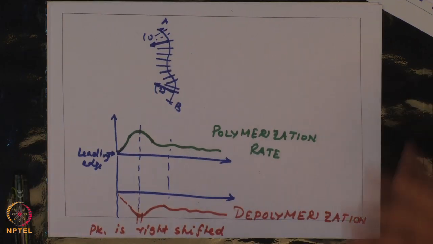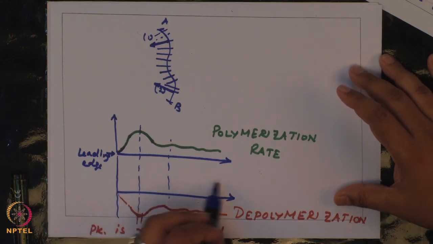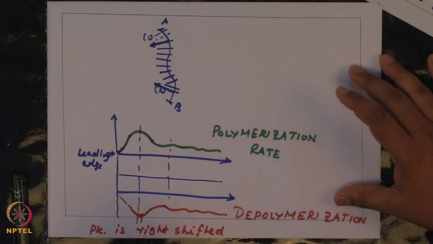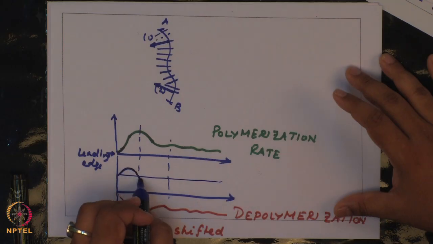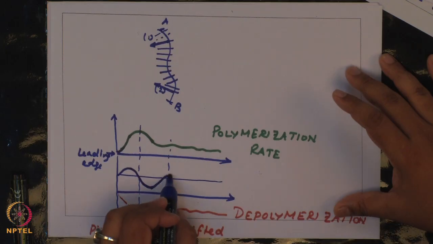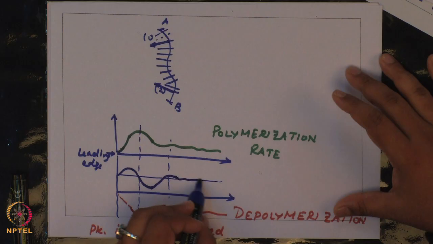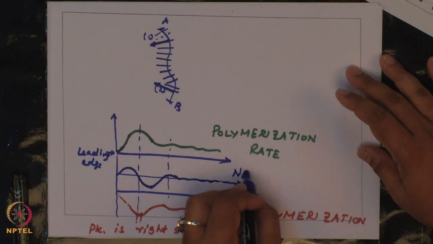So, if I combine these two signals, I can plot the net assembly rate. So, this is my net assembly rate.